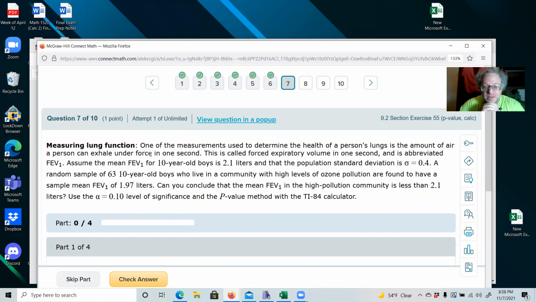Here, blow up a balloon. 1 second. And the population standard deviation is 0.4. A random sample of 63 10-year-old boys who live in a community with high levels of pollution are found to have a sample mean of 1.97 liters. Can you conclude that the mean FEV1 in the high pollution community is less than 2.1?